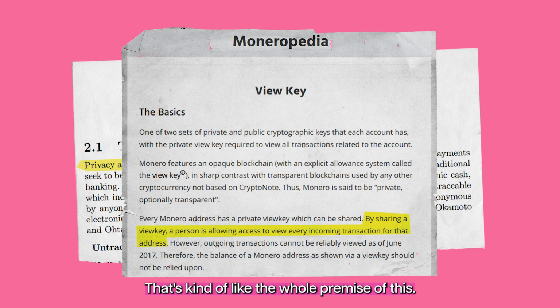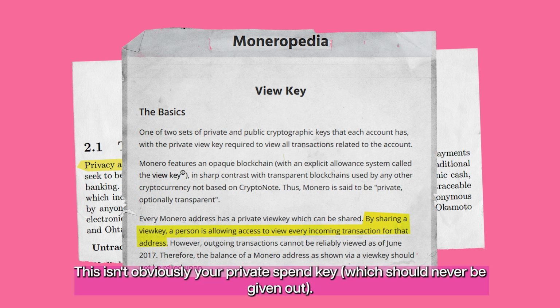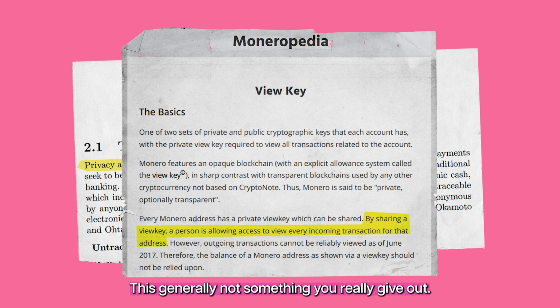That's the whole premise of this. So should you be giving this out? Obviously your private spend key is what makes Monero, and this is generally not something you give out. But again, you have the authority to give that permission. You as an individual can assess your risk level.